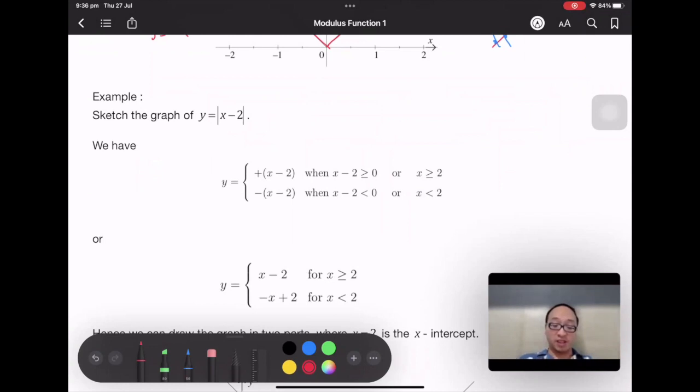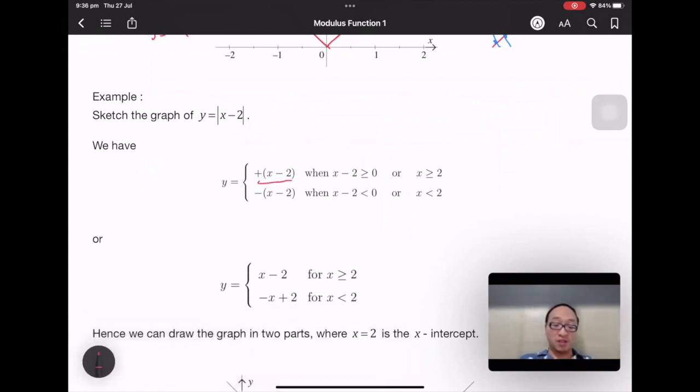It is x minus 2 for x minus 2 greater than 0, and it is negative (x minus 2) for the negative region. So we can simplify: x greater than or equal to 2, and x smaller than 2. So 2 is the zero maker.